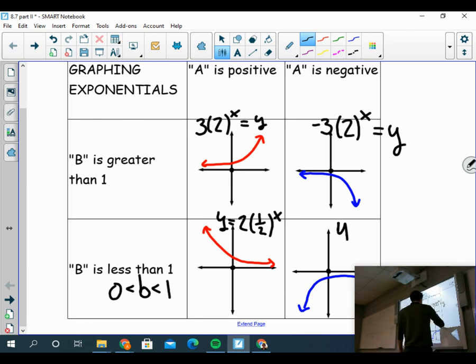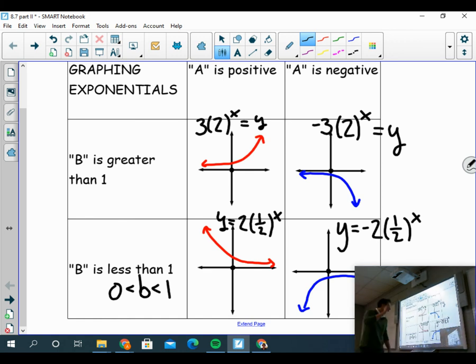That has to do with your a value being negative. If your a value is negative and your b value is between 1 and 0, then you have that opposite situation, similar to when your a value is positive and your b value is between 1 and 0. In your negative x values, you're going to be shooting off toward low y values.